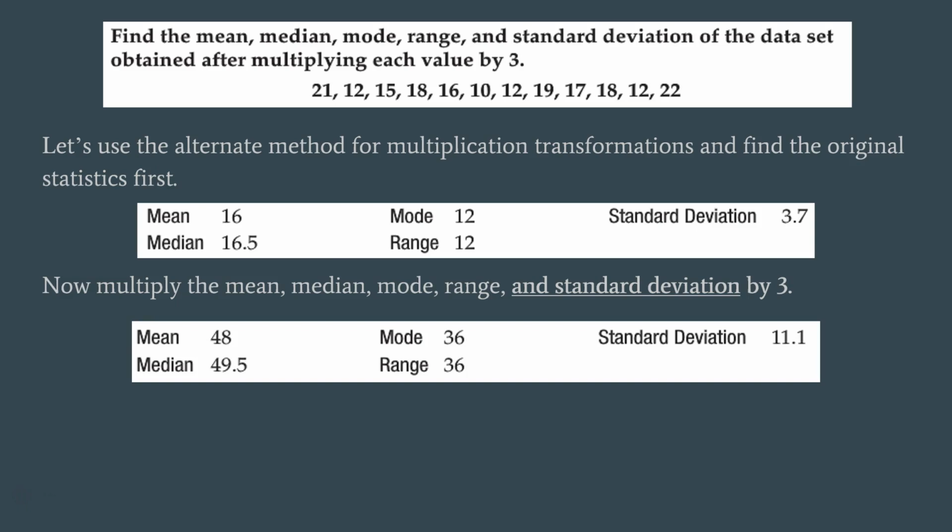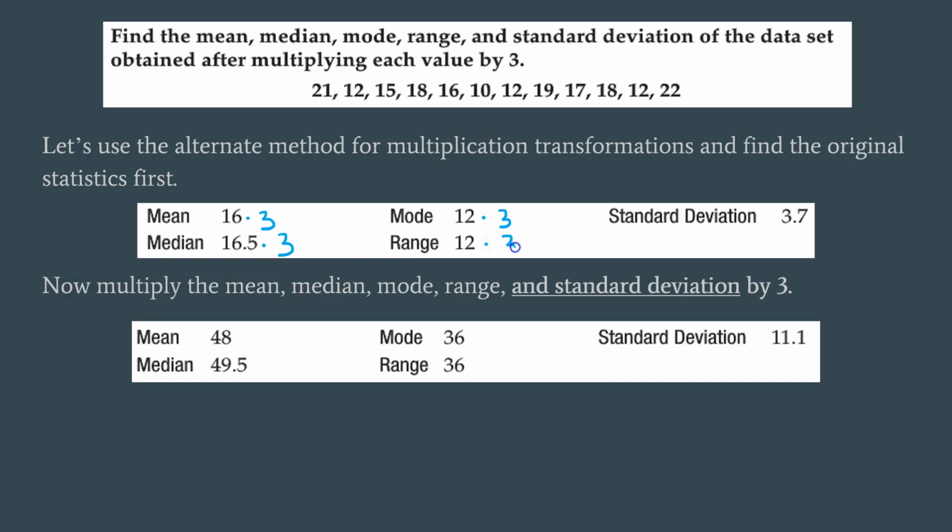So this is where it gets a little different than the addition transformation. It's going to be 16 times 3, which gives me 48. 16.5 times 3, which gives me 49.5. 12 times 3, which gives me 36.